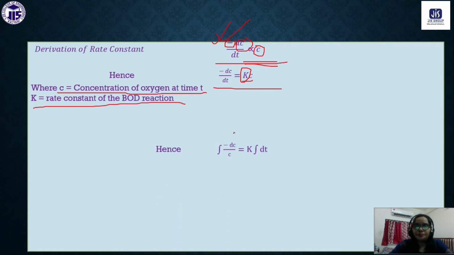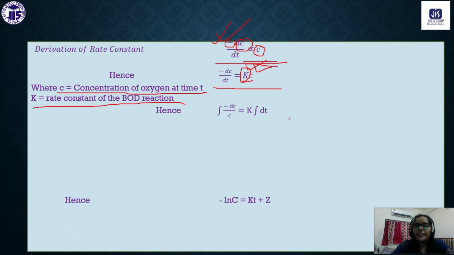Now what do we have to do? Now we have to integrate. If we want to know the value of k, at that time we have to integrate this equation. So the integration of minus dC by C equals k times the integration of dt.